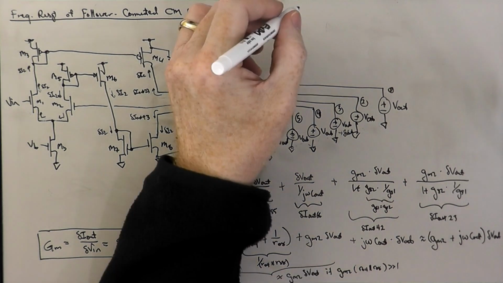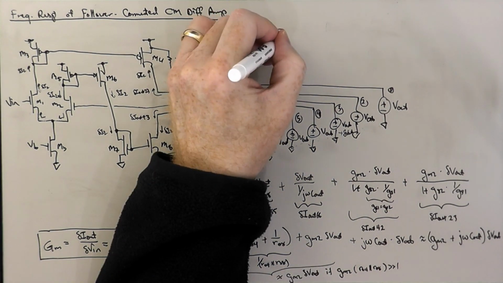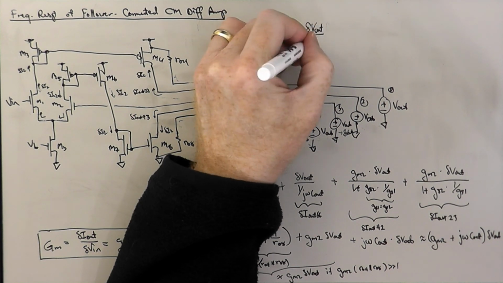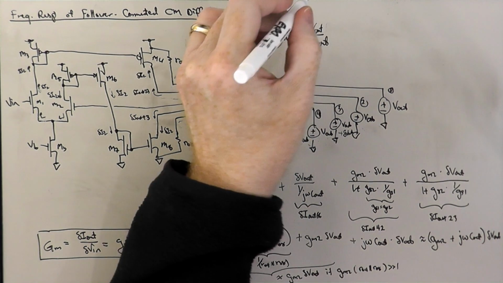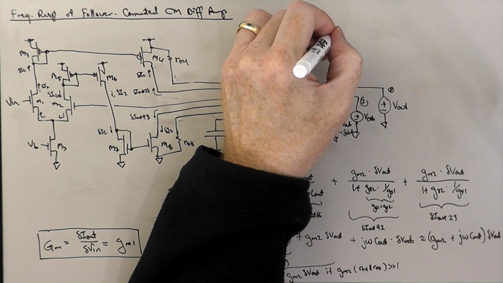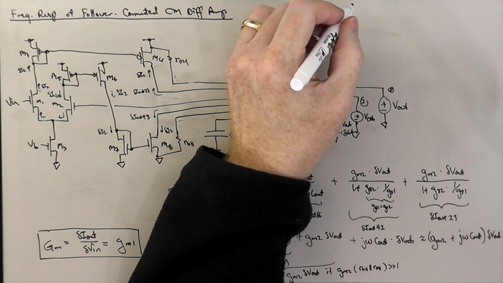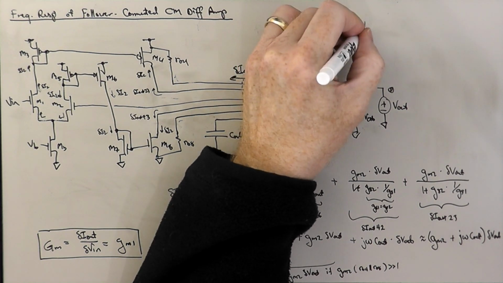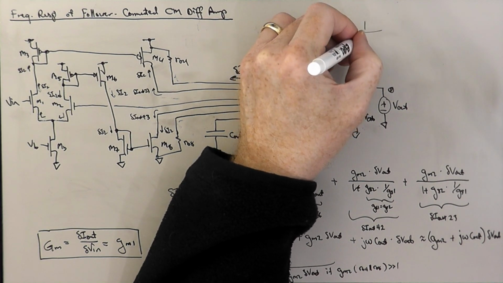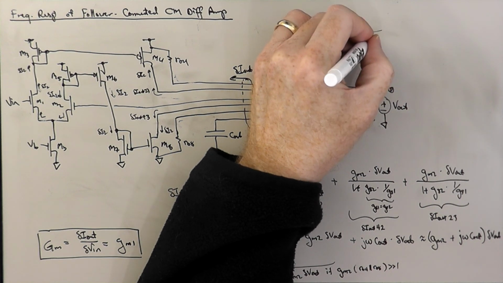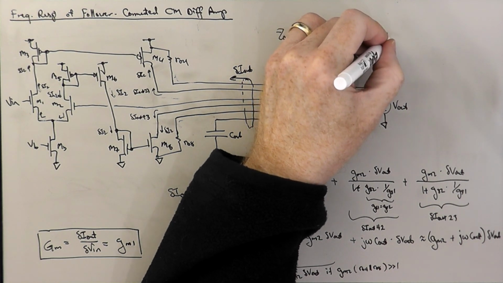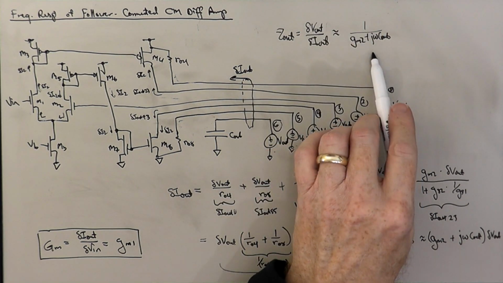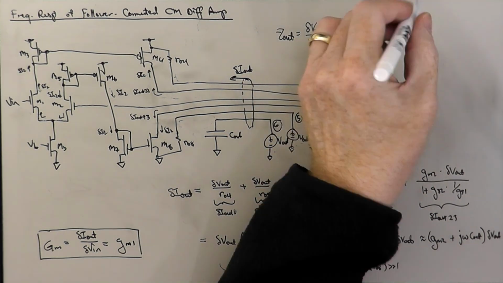And so that means that our Z out, which is delta V out over delta I out, is going to be basically given by 1 over GM2 plus j omega C out, which we can, if you like, write in sort of a normalized form.